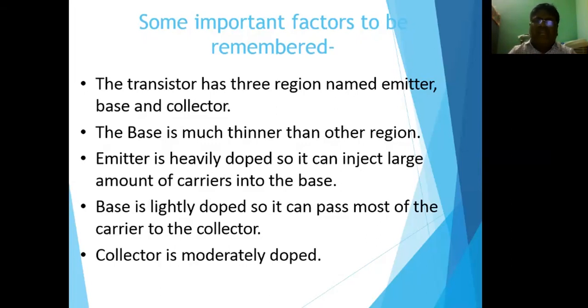The emitter is heavily doped, so it can inject a large amount of carriers into the base. Doping means impurities, such as boron or whatever it may be, are added to the emitter heavily.